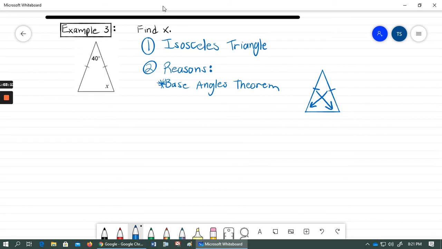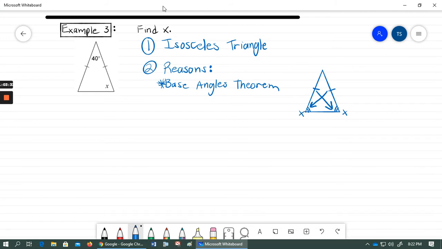I'm not going to write out this definition again, but it lets us know that these two opposite angles, those two base angles, have to be congruent. So if one of them is x, the other one has to be x as well.